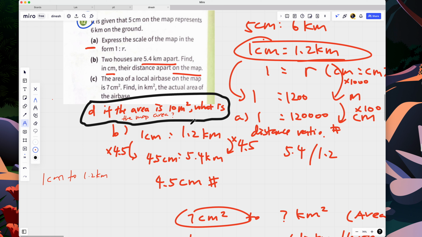The question basically asks you, I want cm square to meter square. You need to know what the question wants. So does it make sense to get it into 1 cm to meters first? Actually, you already have it here. Then you square everything.